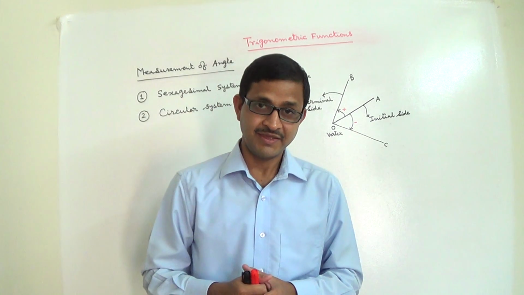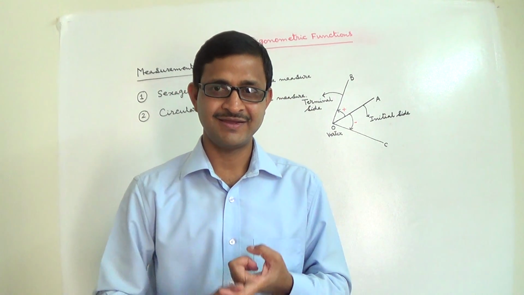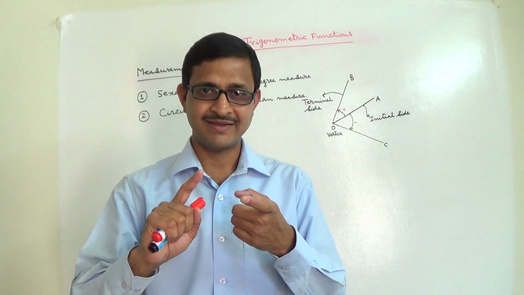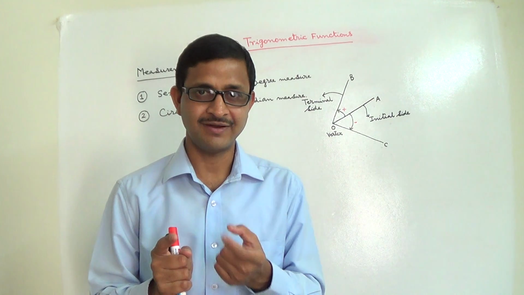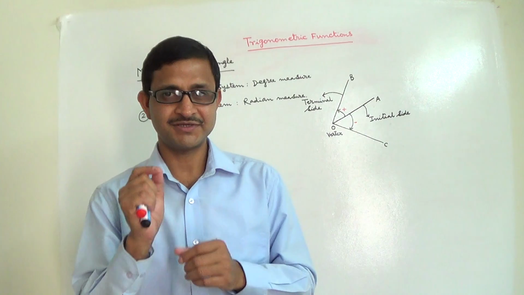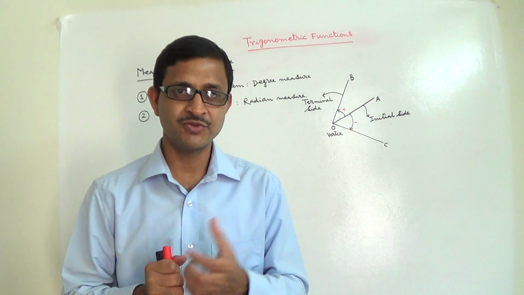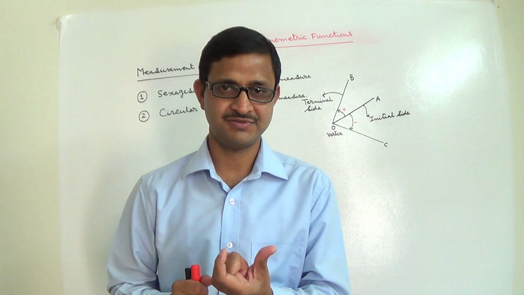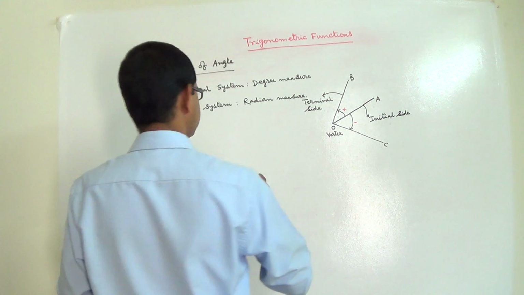Now, if the two lines intersect in such a manner that all the four angles which have been formed are equal, then we can say one of those equal angles is a right angle. So a right angle is the unit in this degree measurement. Okay, let's understand in detail.